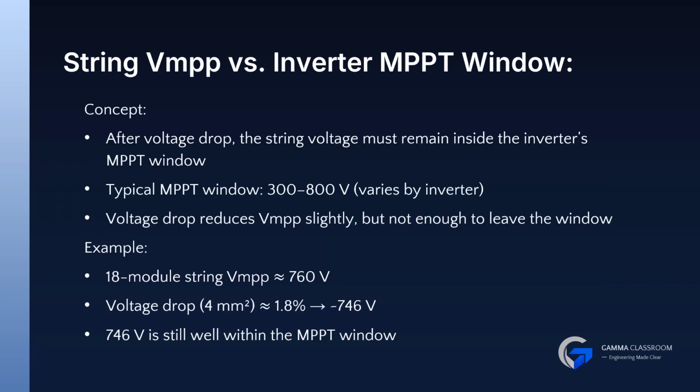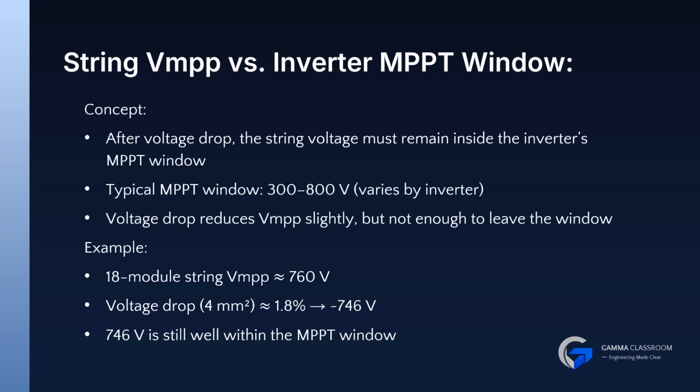After voltage drop, the string voltage must still fall inside the inverter's MPPT window. Most inverters operate between about 300 and 800 volts. For an 18-module string, the operating voltage is around 760 volts.